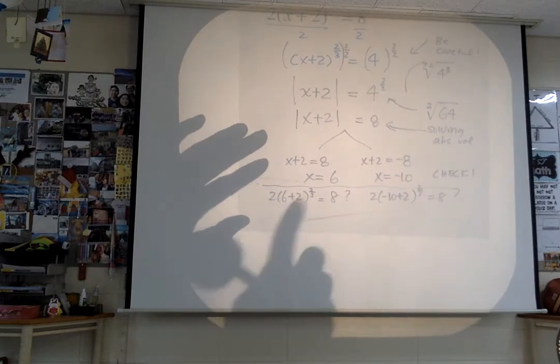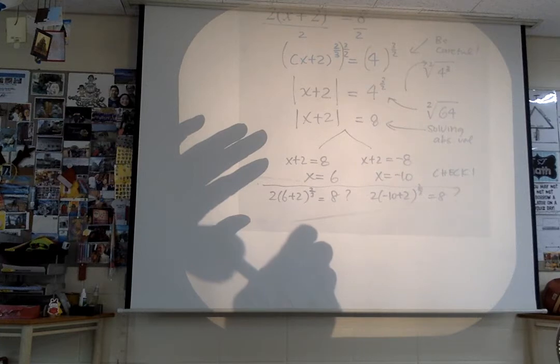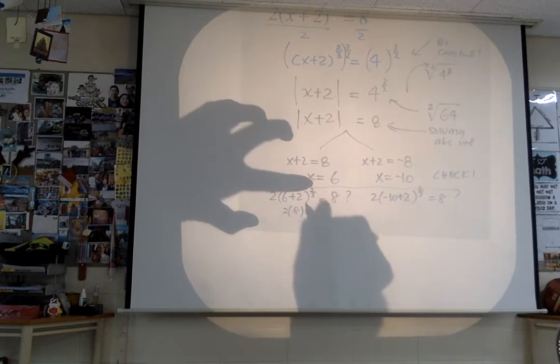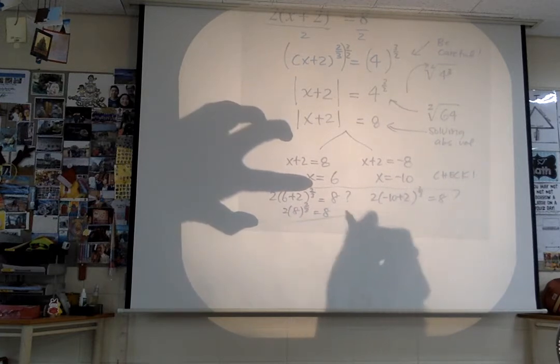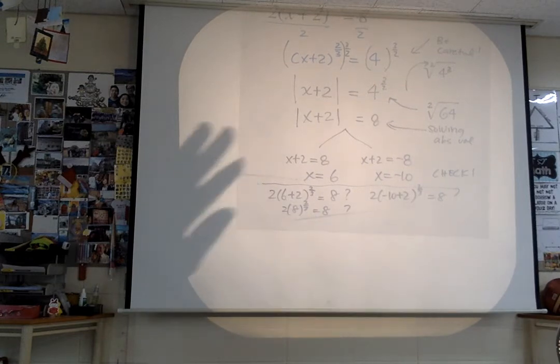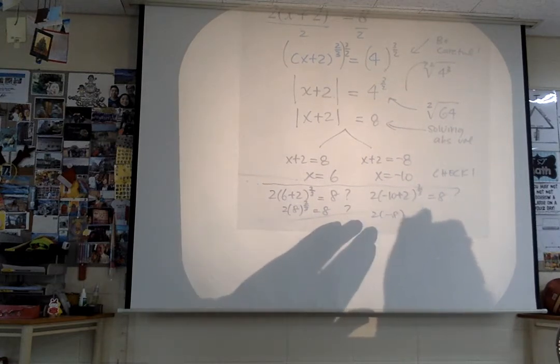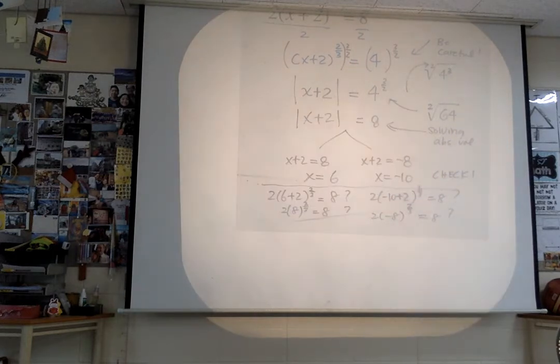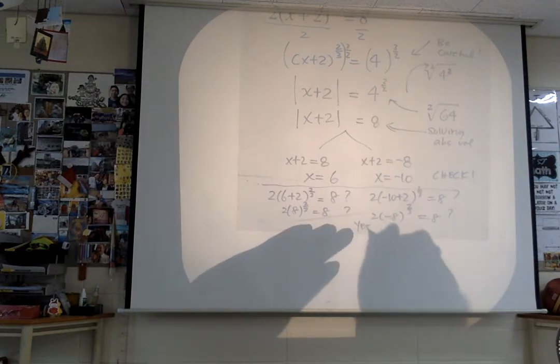Let's check it really quick. 8^(2/3) works, right? It's 2 to the 3rd, squared, and here it's (-8)^(2/3). Yes, they're both true.